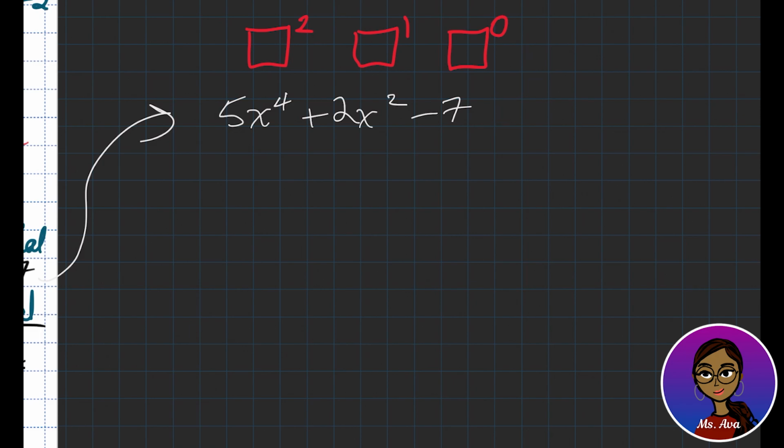But that doesn't mean that this isn't what's happening. So it has to have that same ratio over here. And does this one have the 2 to 1 to 0 ratio? Yes. Good, it does. So 4 to 2 to 0 is the same thing as the 2 to 1 to 0 ratio.